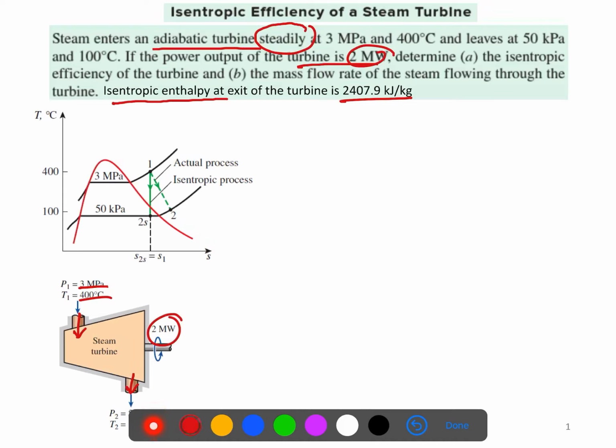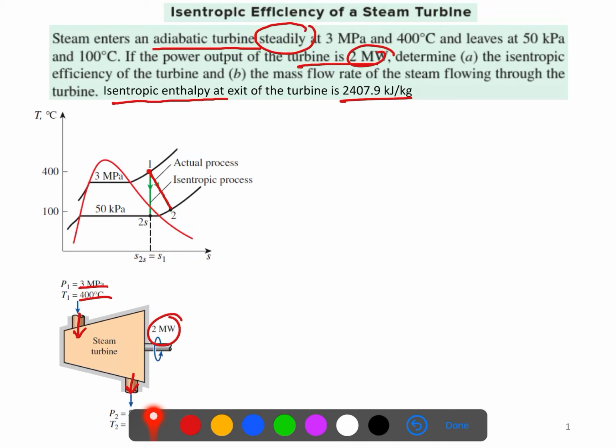If I discuss it, it will increase the length of the video. So this is the actual process. This is state 1, this is state 2, and this is the isentropic process. Isentropic means there is no entropy change. So at this 2s state, the entropy is not changing, it's constant. That's the main theme of this problem.